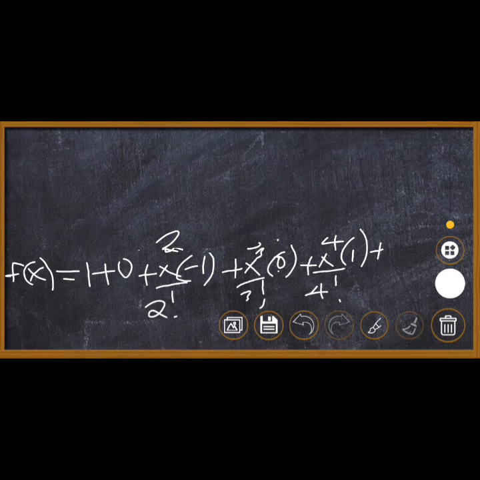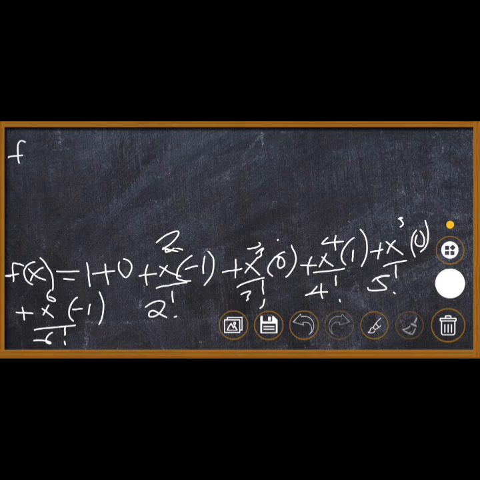The fifth derivative, so fifth factorial, gave us 0. So it's going to be 0 here. And then the sixth is going to be x power 6 over 6th factorial. Our sixth derivative gave us negative 1.